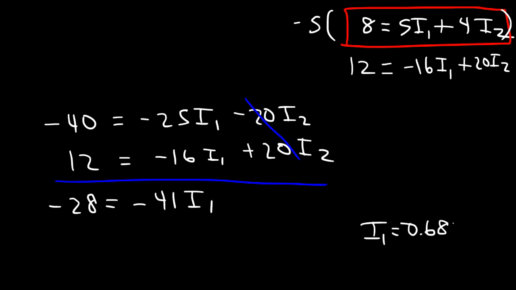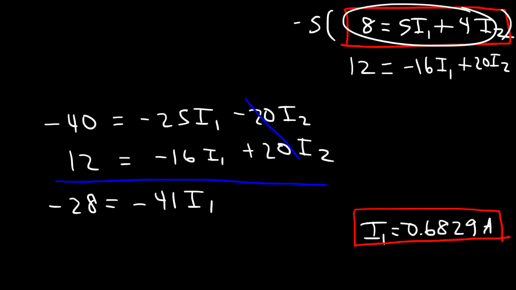0.6829 amps. Now let's calculate I2. So I'm going to use this formula before I multiply it by negative 5. So 8 is equal to 5 times I1, and I1 is 0.6829, and then plus 4 times I2.